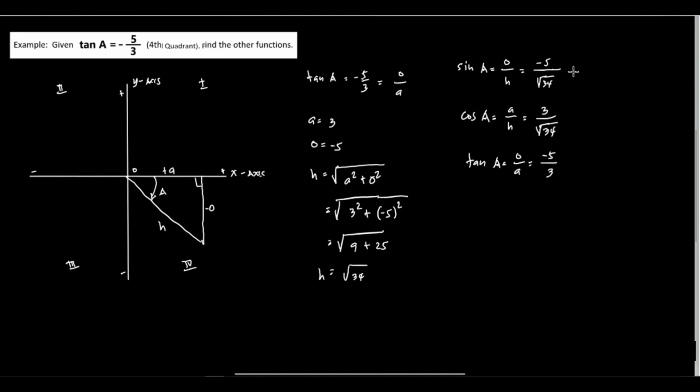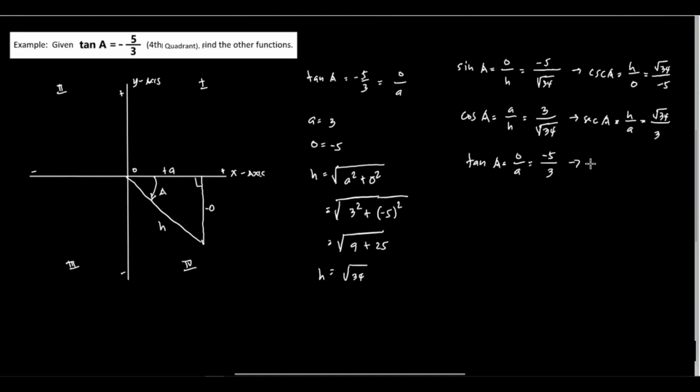While the reciprocal of sine A, that's cosecant A, is H over O, or square root of 34 all over -5. Next, the reciprocal of cosine A, that's secant A, is H over A, and H is square root of 34, and A, that's +3.